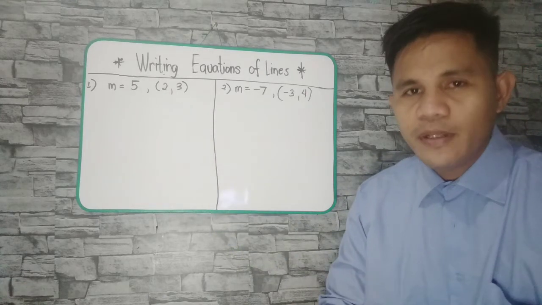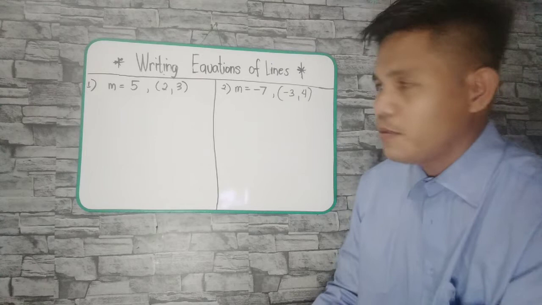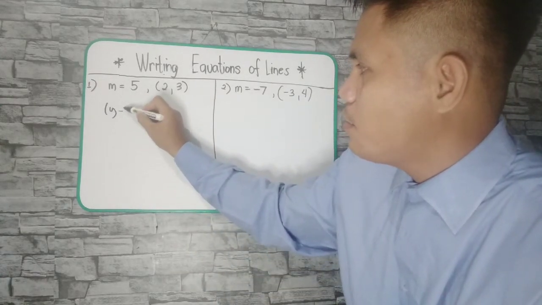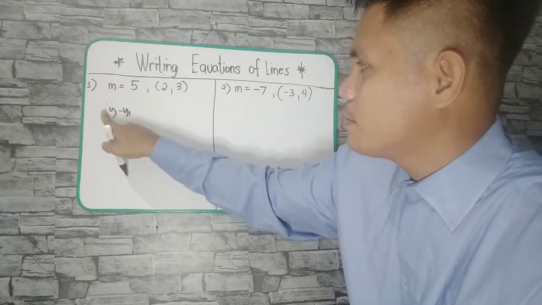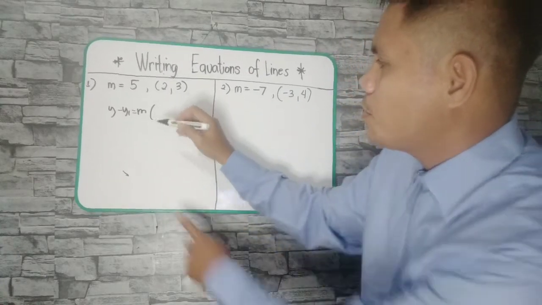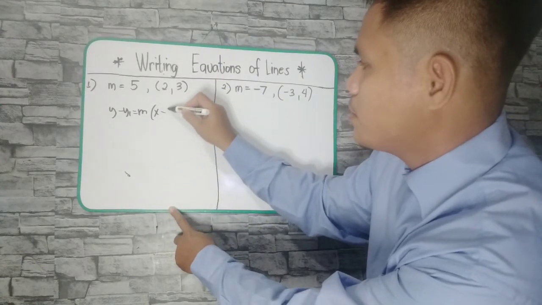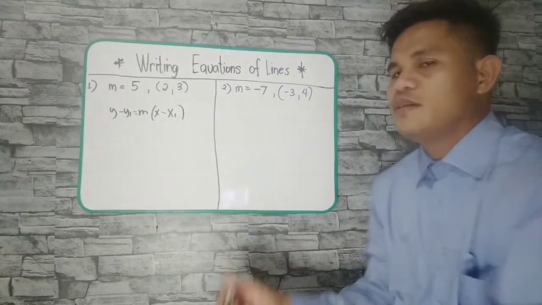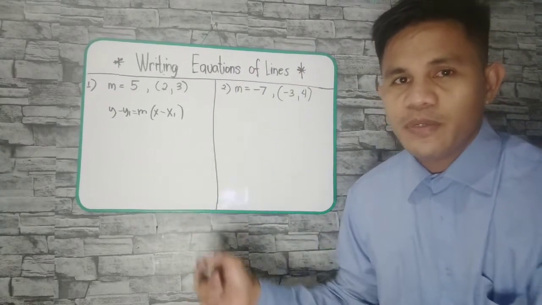So the formula that we are going to use for this problem is y minus y1 is equal to slope multiplied by x minus x sub 1. As you can see, this is so familiar to you.